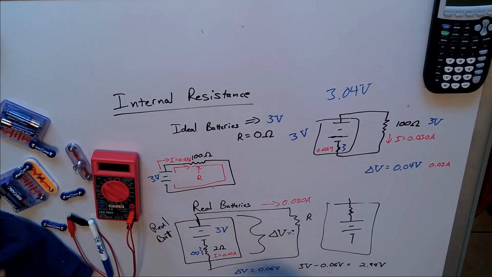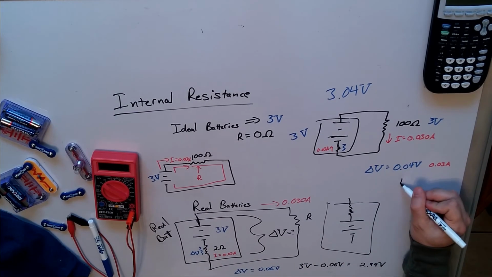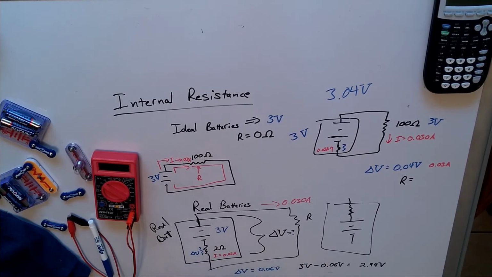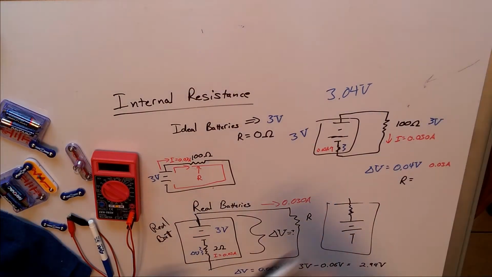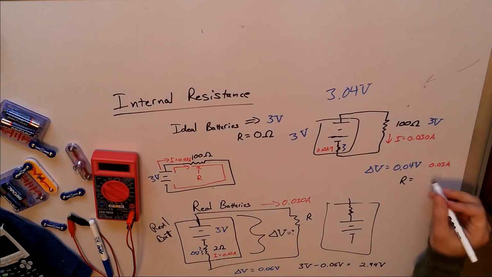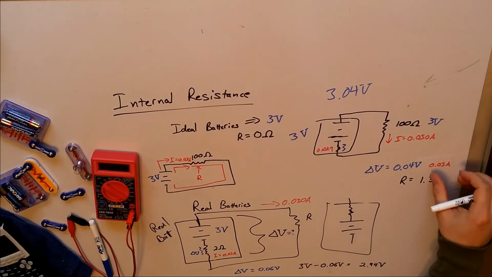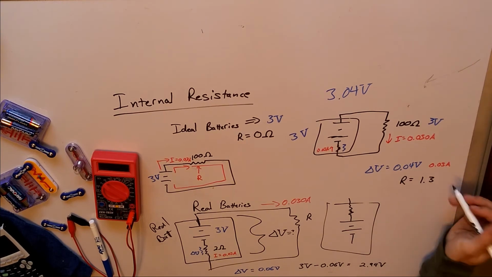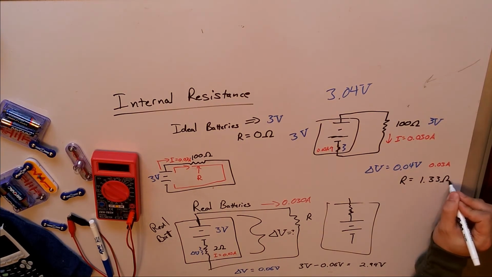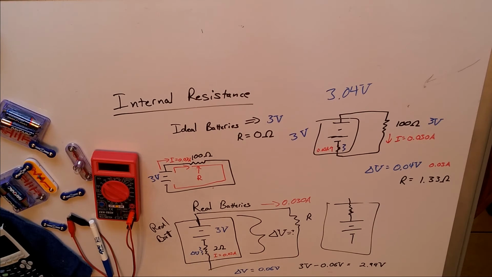Great. And so now I could find the internal resistance of the battery, because that's the potential difference across it, and this is the current going through it. So I end up with 0.04 divided by 0.03, and I end up with a resistance of 1.333333, although in fairness to my usual way of doing things, let's round it to 3 significant figures, 1.33 ohms.